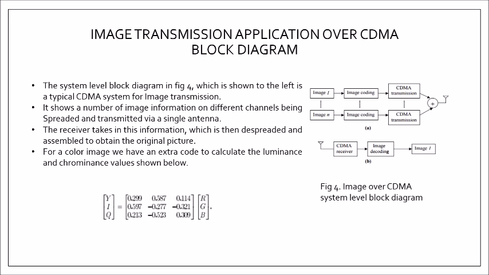It shows a number of image information on different channels being spread and transmitted via a single antenna. The receiver takes in this information, which is then despread and assembled to obtain the original picture. In case of a color image, we have an extra code to calculate the luminance and chrominance values shown below.